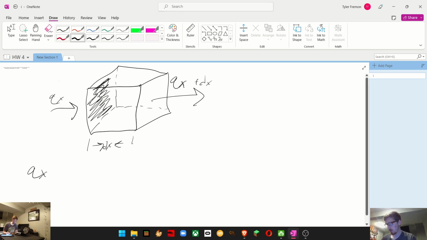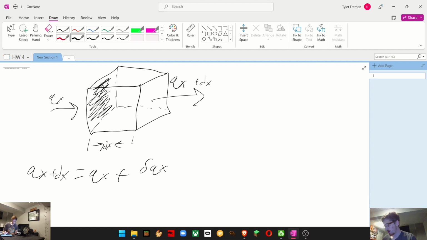So we have qx plus dx, and since we have some amount of heat entering, that will also have to be removed, minus or plus whatever heat is being added inside this control volume. So in that case, we're going to say the difference in heat per unit length times the actual length of this segment dx.